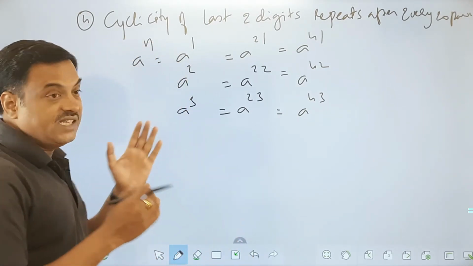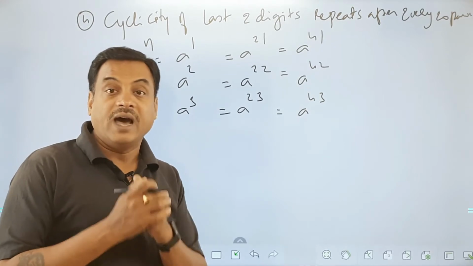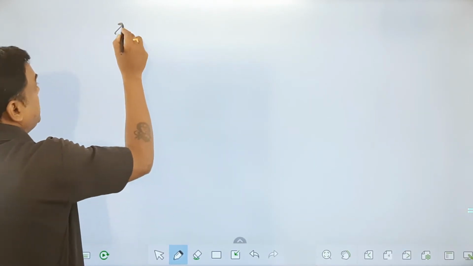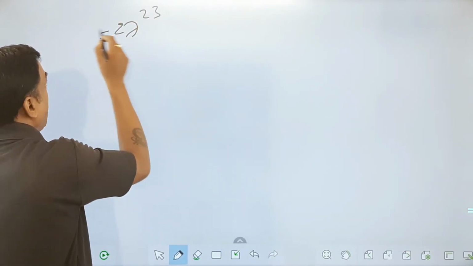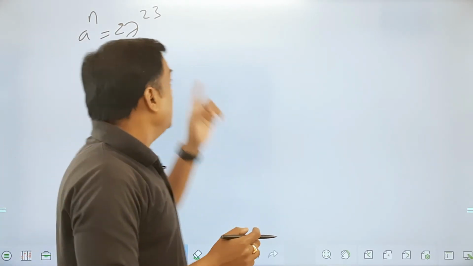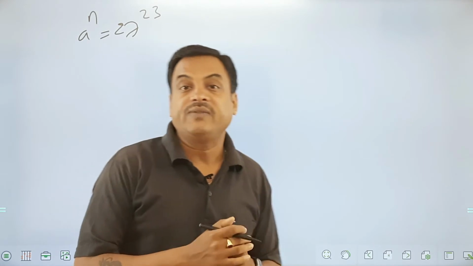So now using these 4 points, how to find the last two digits of a given number. I'll start with the same example which we started with, say 27²³ as aⁿ, and now we need to find out the last two digits of 27²³.